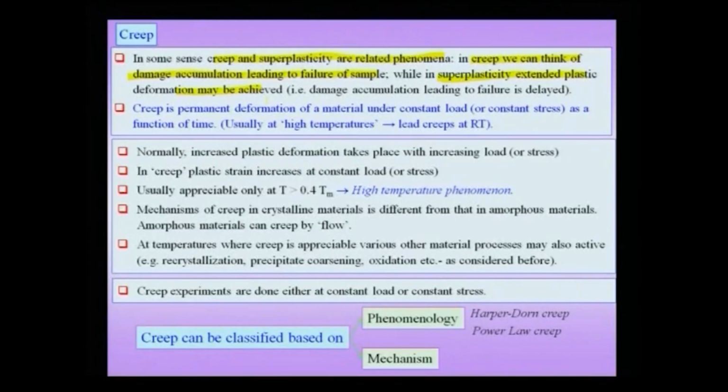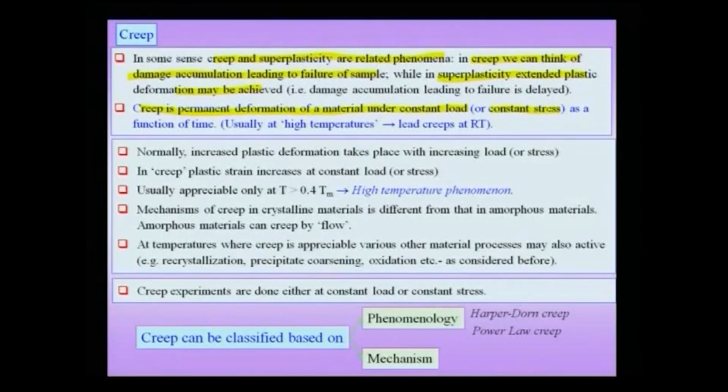So, what is creep? Creep is permanent deformation of the material at constant load. Previously, we had seen the uniaxial tension test. In the uniaxial tension test, we know that to cause further plastic deformation, or even further elastic deformation, we need to increase the load.